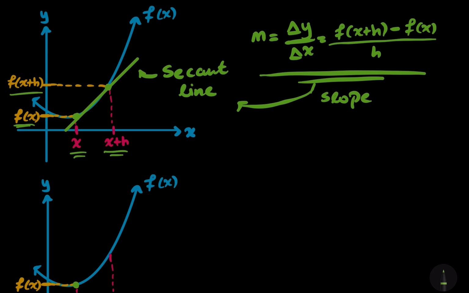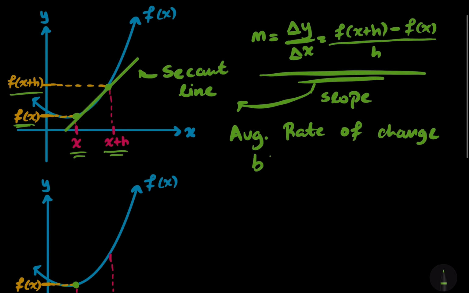And the way that we can interpret the slope of a secant line between 2 points is kind of like the average rate of change of our function between x and x plus h. So what does that mean? It means that this is kind of like the average slope of the graph. This is the average rate of change of the graph between the point x and x plus h.